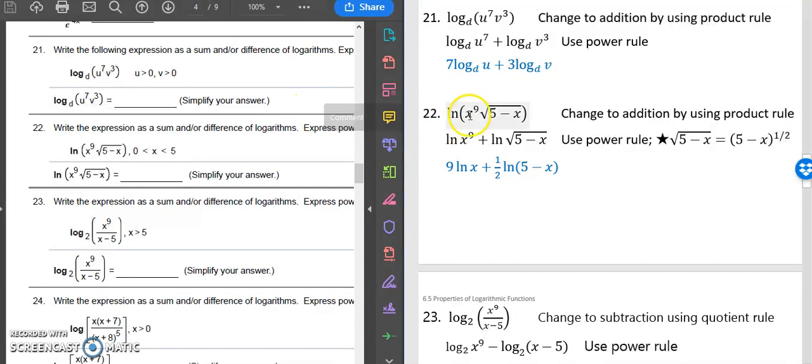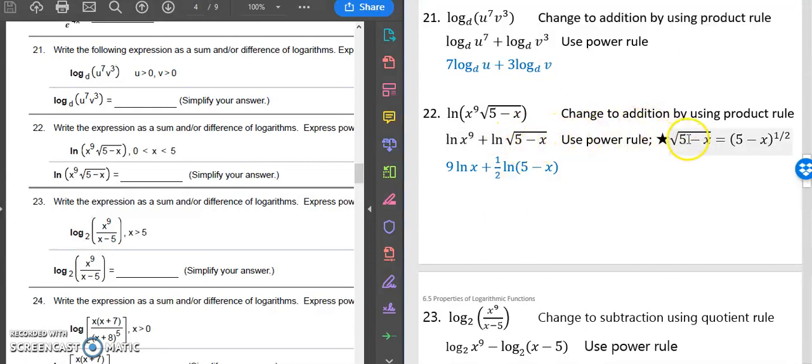For number 22, we have ln of x to the 9th power times, this is multiplication in between here, times the square root of 5 minus x. So first we want to take that multiplication and use the product rule to separate it into addition. So we have ln of x to the 9th power plus ln of the square root of 5 minus x.